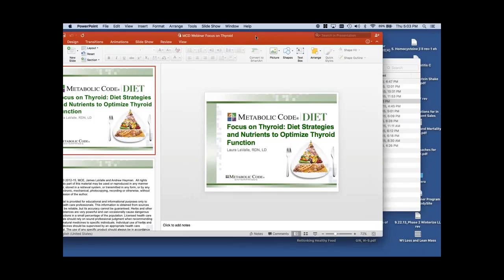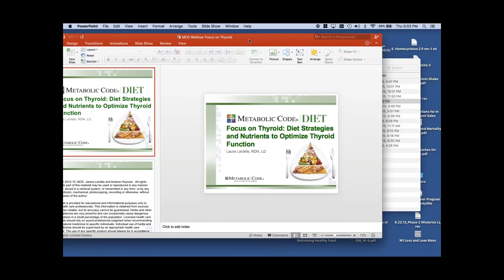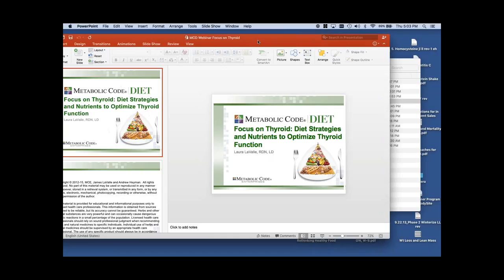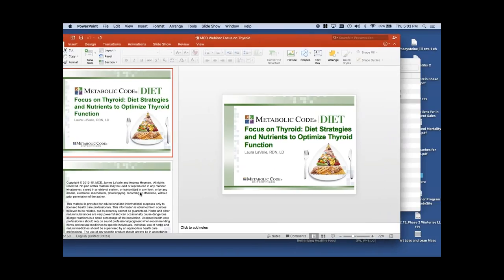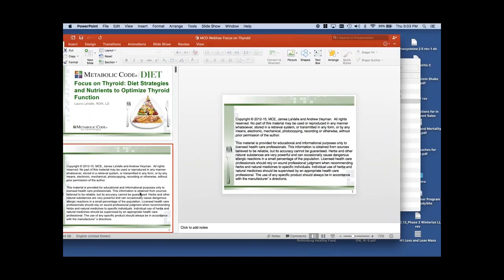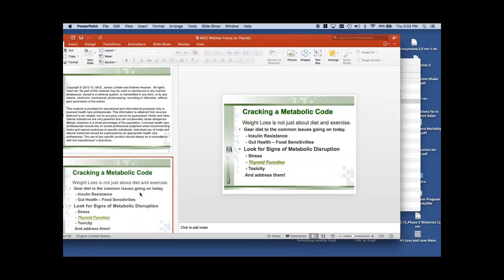I hope you'll find it helpful for understanding components of diet that you can use to help people optimize their thyroid function. As people know by now, if you've attended some of our other webinars, when we apply the principles of our metabolic code programs, we're not just focusing on weight loss, but weight loss or weight management is one of the key components that we're hoping to achieve.